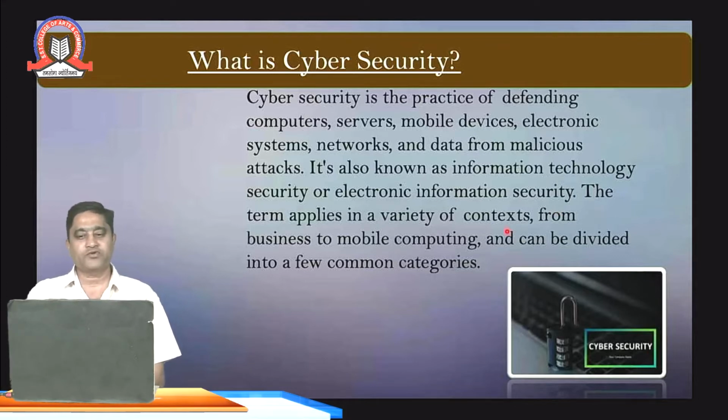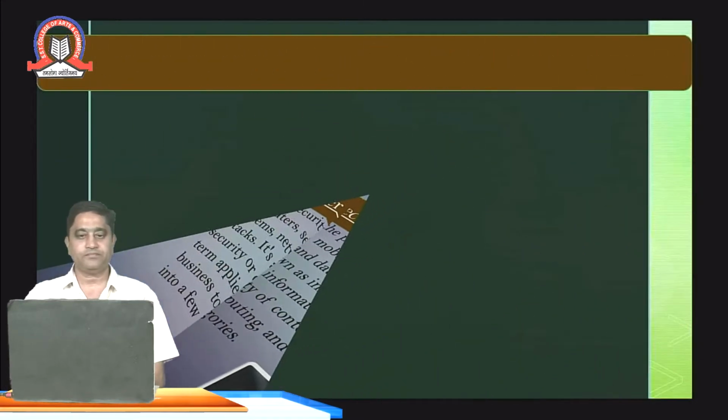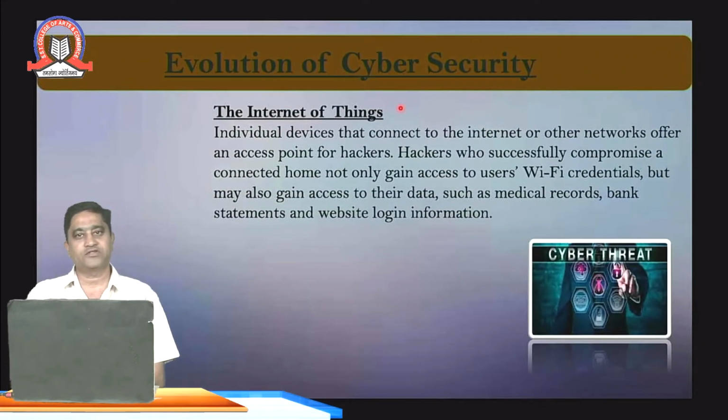The term applies to a variety of contexts from business to mobile computing and can be divided into a few common categories. Whenever we do any type of transaction through a cell phone, desktop, laptop or any electronic system, it comes under the term information technology security, or it will be called cyber security.